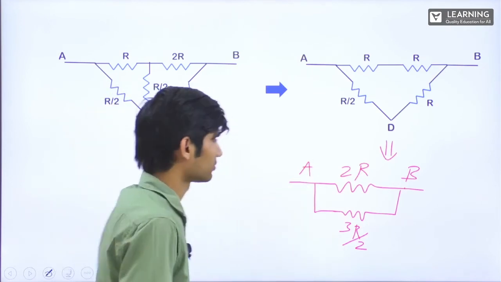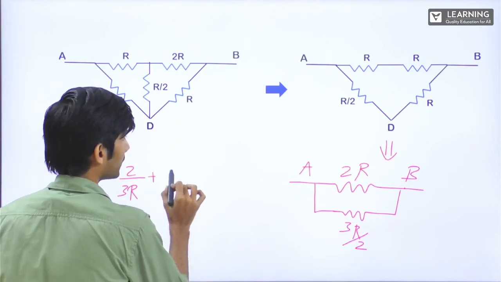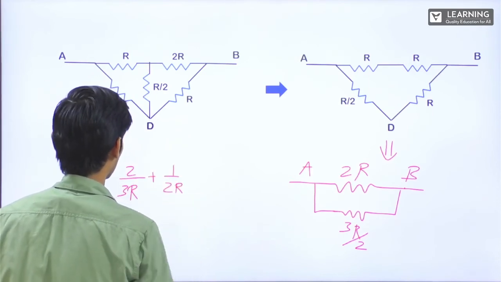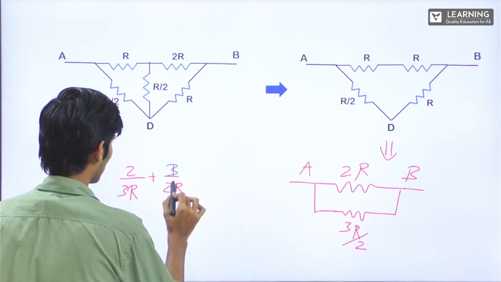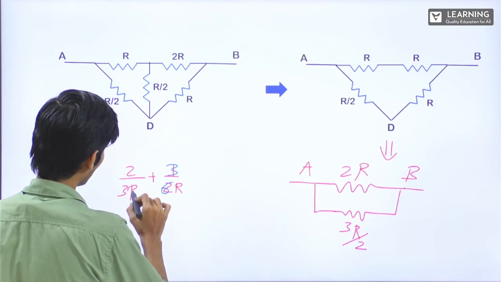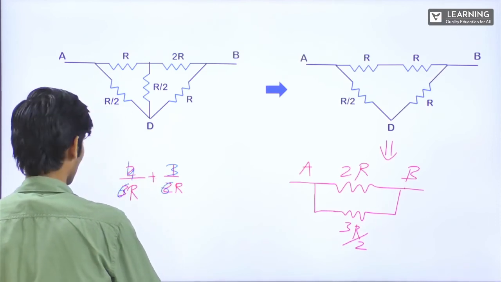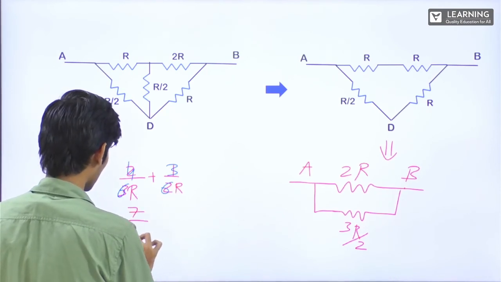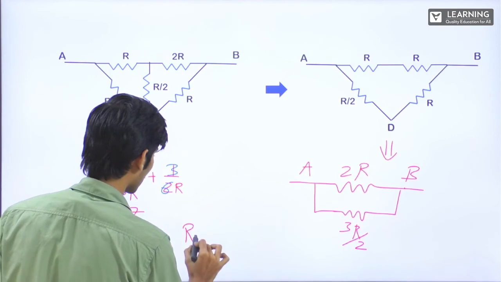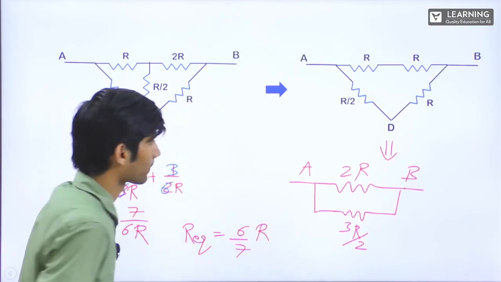Now solve this. What is there in this? 2 by 3R plus 1 by 2R. So this will be 3 by 6R. This will be 4 by 6R. So from here, 4 plus 3, 7 by 6R. R equivalent is equal to 6 by 7. Correct?